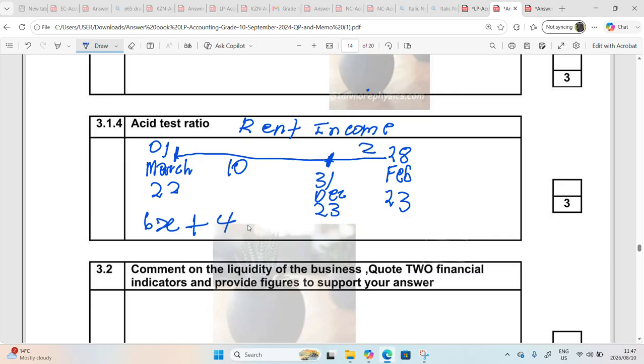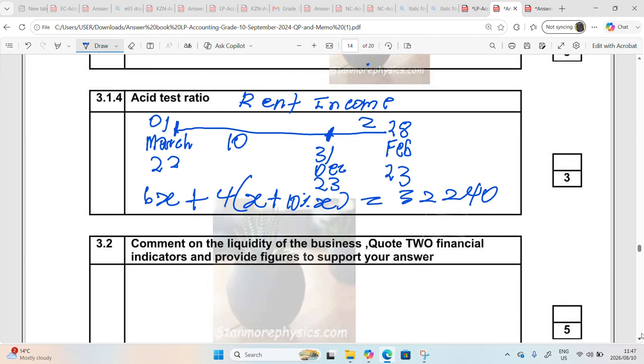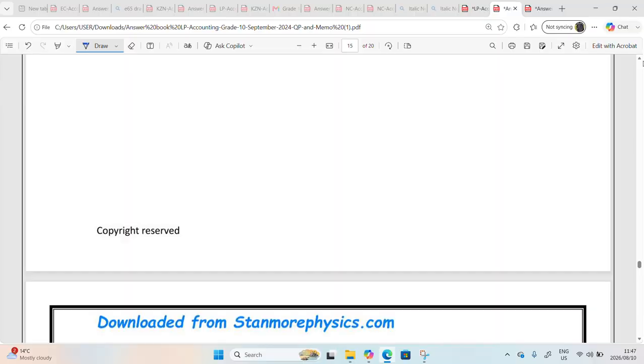For 4 months, your x, you know that x was increased by 10%, so you will add 10% x. Right, here's what you'll do: it equals the total amount of rent that we have, the 32,240 from the trial balance, guys. So you just need to solve for the unknown and get your rent.